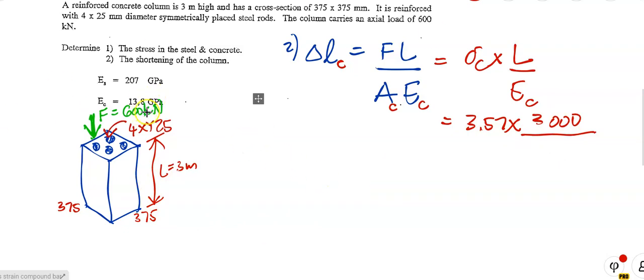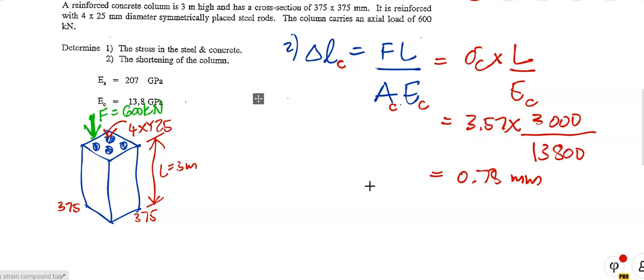Now I need to convert it to Newton per millimeter squared by multiplying by 1000, as I said, and it's 13800. You work out the answer, and check that you get the same answer that I do. And the answer I get here is 0.78 millimeters. As I said in the previous lessons, delta L can't be a big number. If you get a big number, you made a mistake.